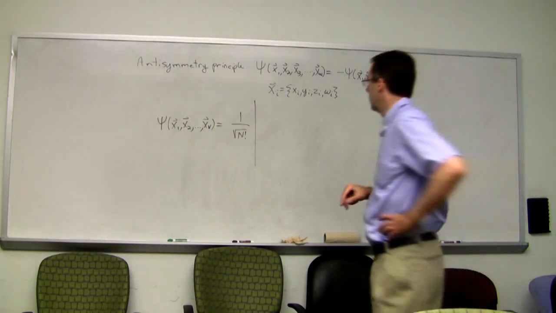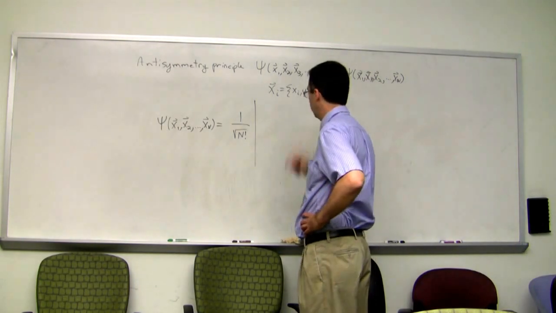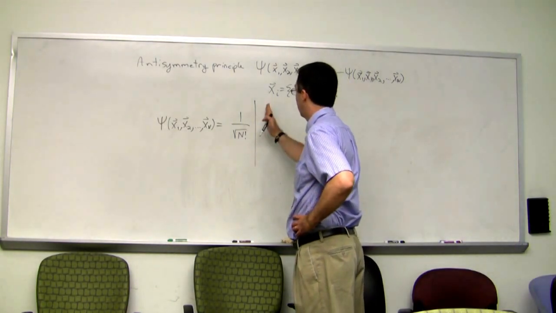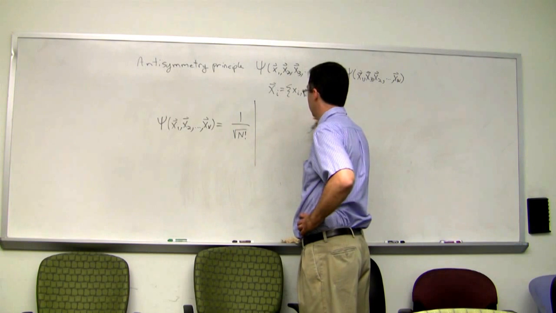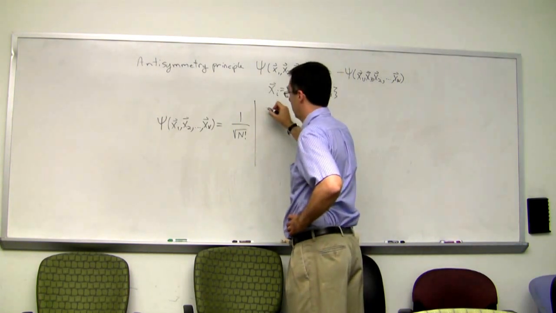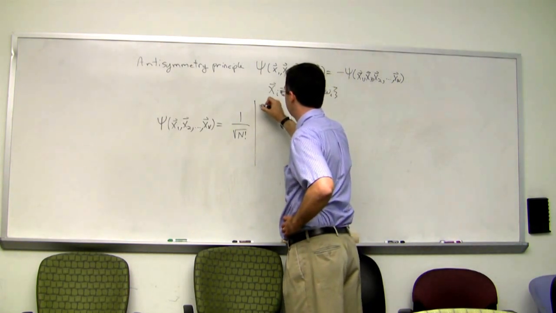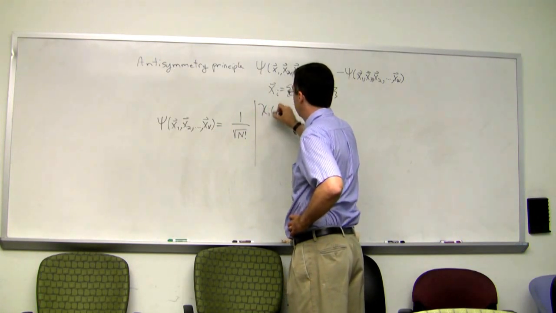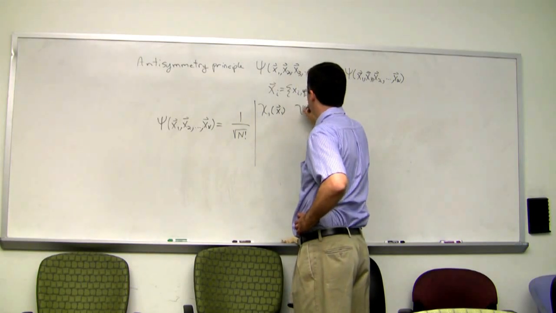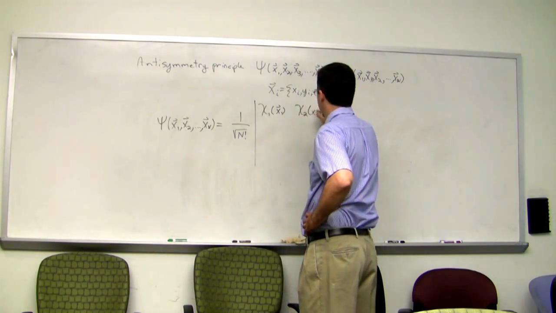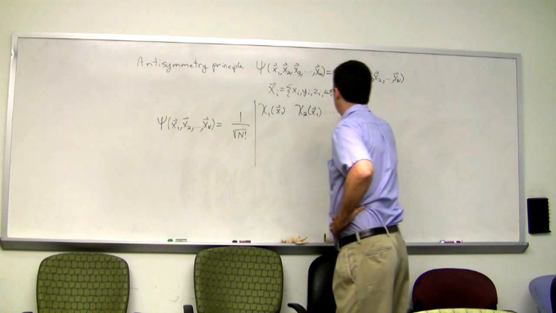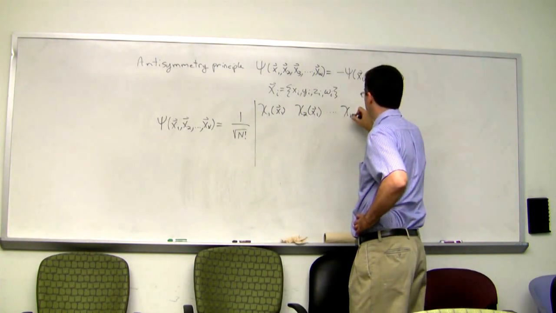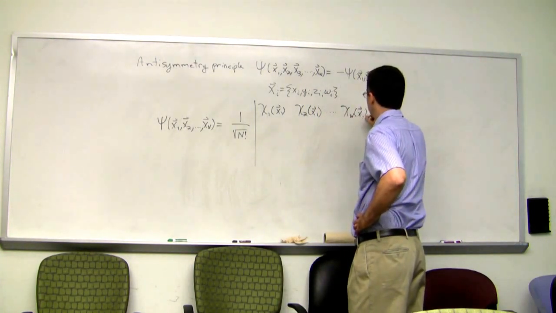So, what I'm going to do is put a different orbital in each column of this determinant. I normally use chi's for this, if I remember right. Chi 1 of x1. Next column is going to be chi 2 of x1, et cetera, up to chi N of x1 if I have N electrons.